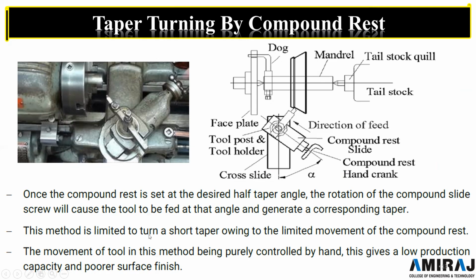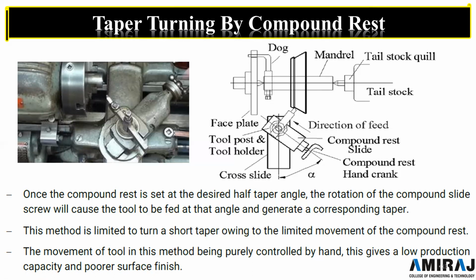This method is limited to turning short tapers owing to the limited movement of the compound rest. As you can see, the movement of the compound rest is restricted, so it is used for short taper turning operations. The movement of the tool in this method is purely controlled by hand.